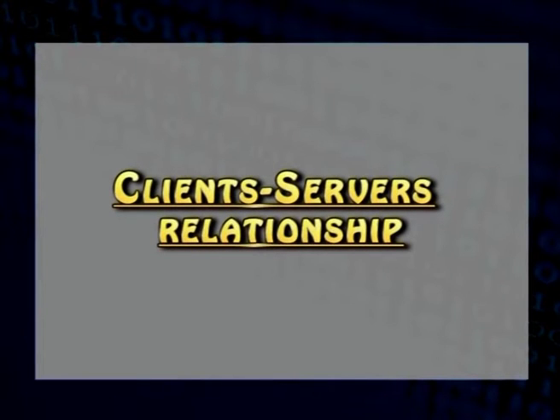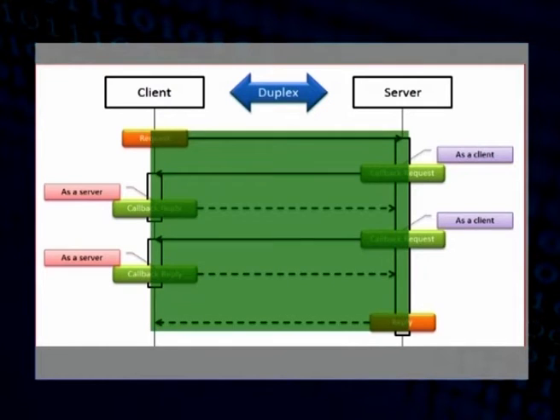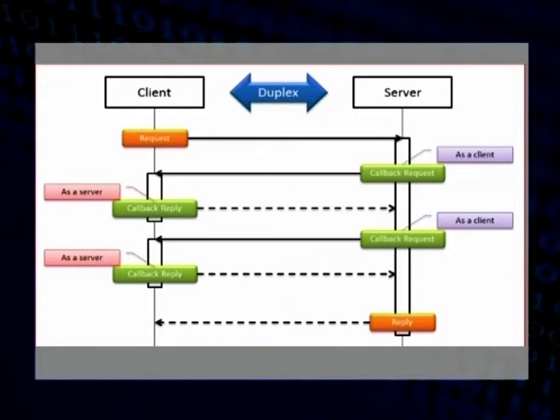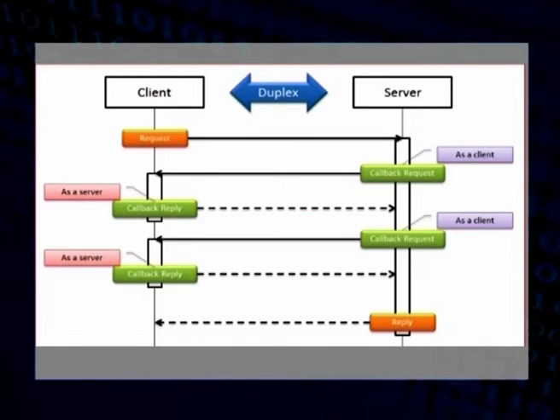Client-server relationship. The most common networking relationship is the client-server model. This networking model consists of three components: a client, a server and a service. A service is a task that a machine can perform, such as offering some files over a network or the ability to execute a command.